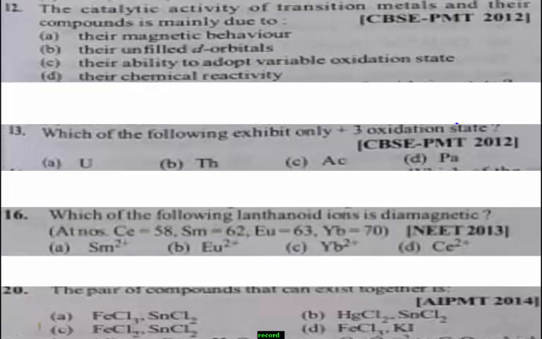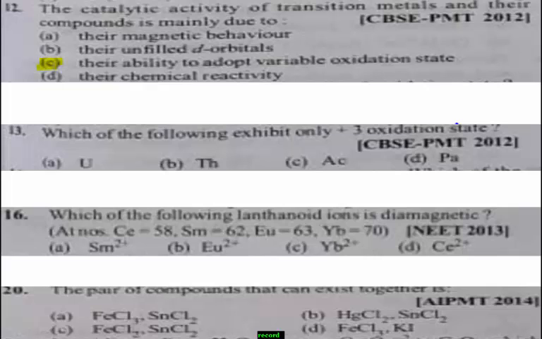It is because of the variable oxidation state. They easily combine with one of the reactants to form an intermediate which reacts with the second reactant to form a final product. This is the theory behind this question. If we know this theoretical point, then your answer is option C: their ability to adopt variable oxidation state.